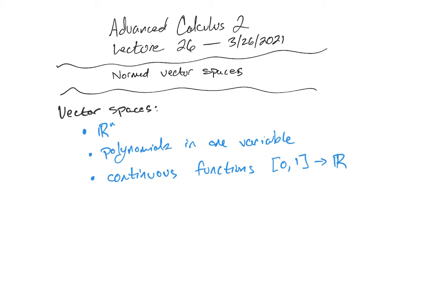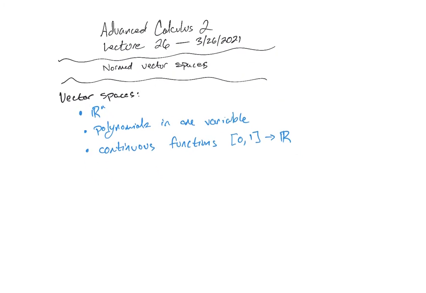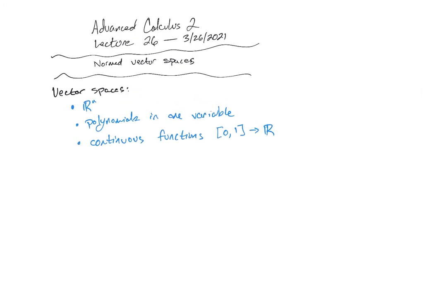Because we can add two vectors there. We also have scalar multiplication. Our scalars in all three cases come from the real numbers. Now, a definition that I don't think you see in linear algebra is the next one.